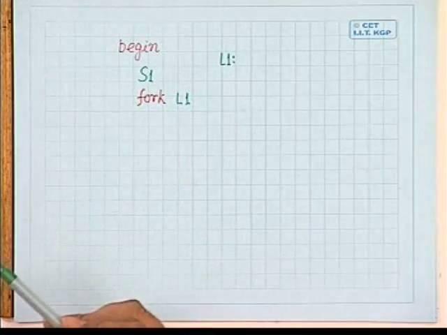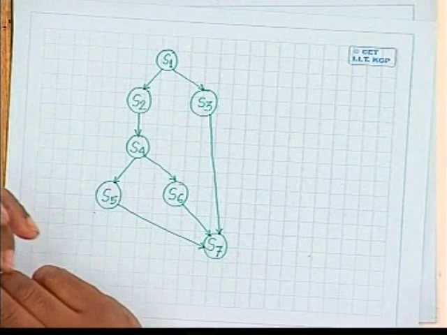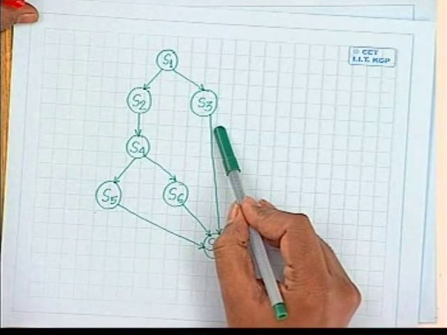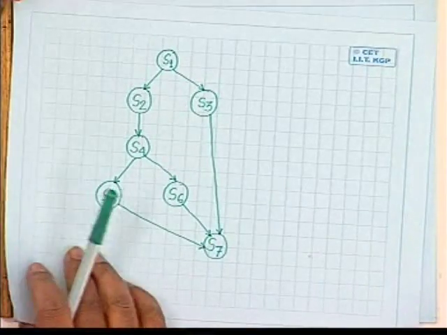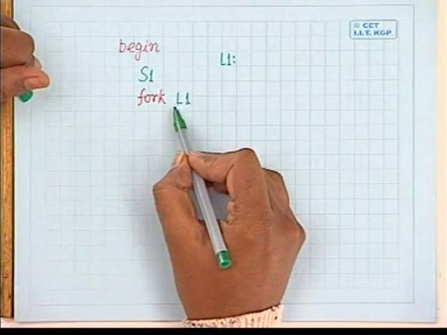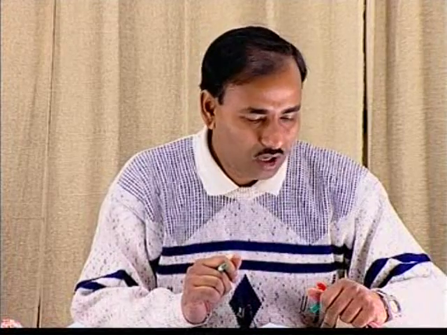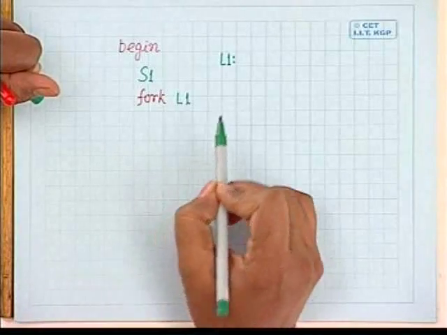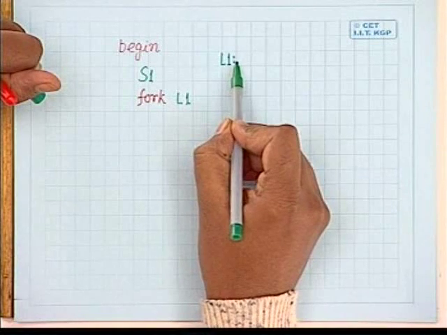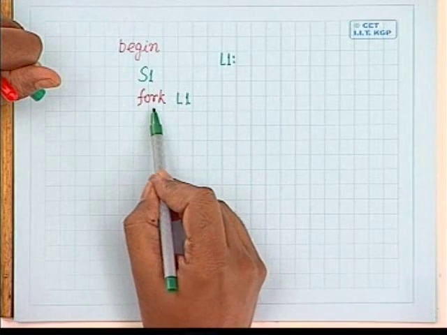So after execution of S1, I have given a fork statement which creates an additional process. So now I have two processes: one is the parent process, and the other one is the child process that has been created. One of these two, either the parent or child, will continue with the statement at label L1, and the other one will continue execution with the statement following this fork statement.